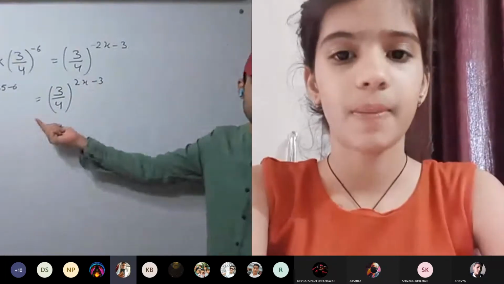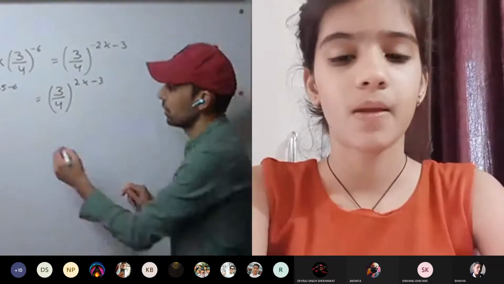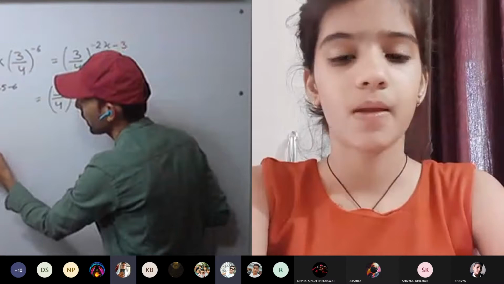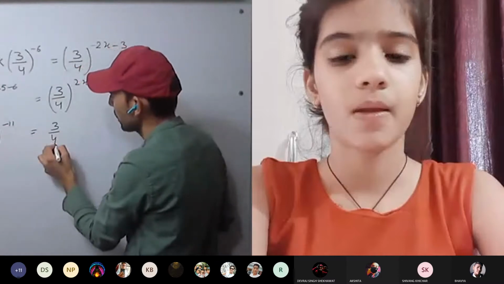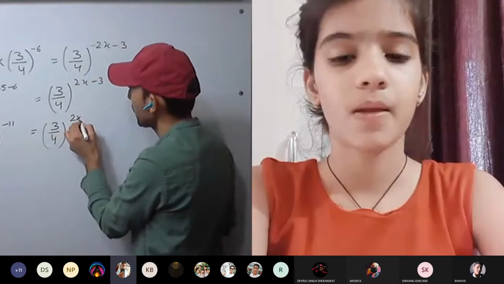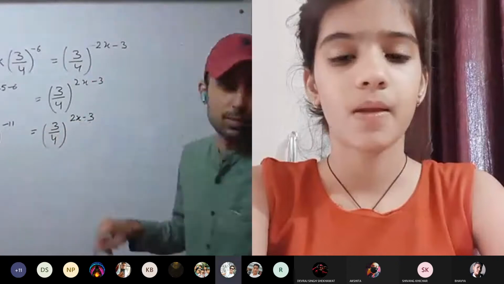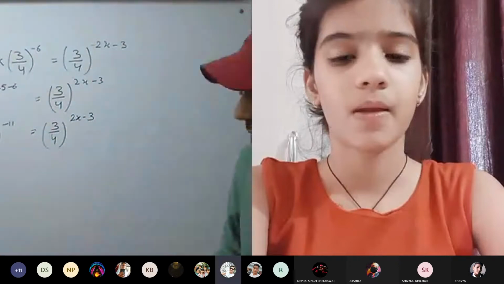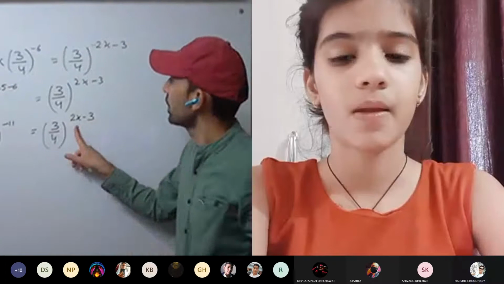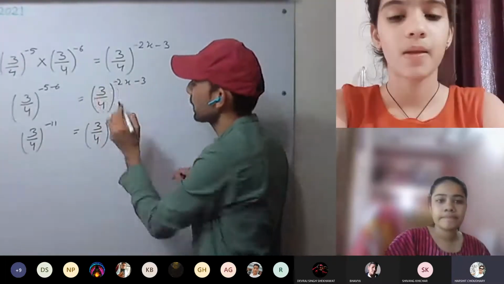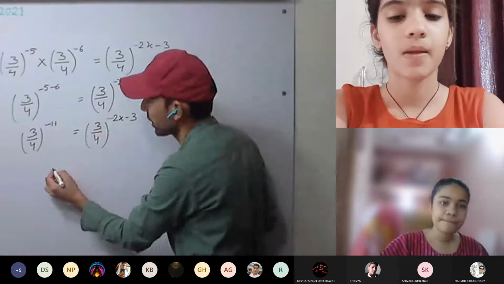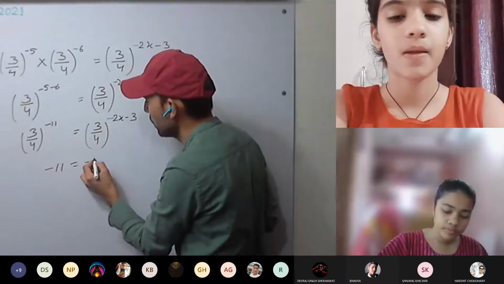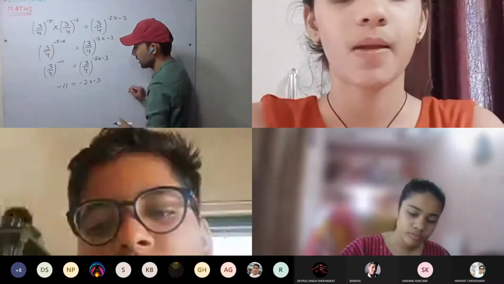Since base are same, we can equate the powers. So it will be 3 by 4 raised to power -11 equal to 3 by 4 raised to power -2x minus 3. Please mute everyone. Okay, now equate the power. Since base are same, we can equate the power. -11 equal to -2x minus 3.